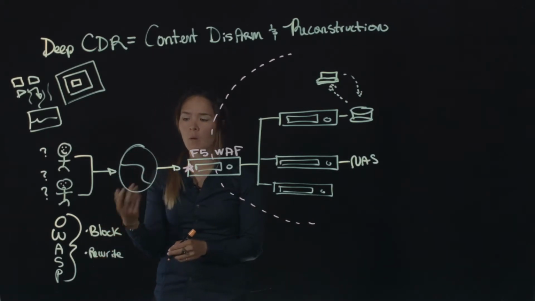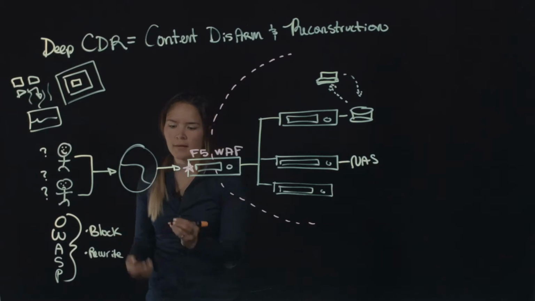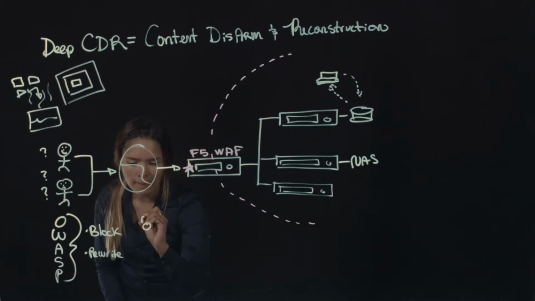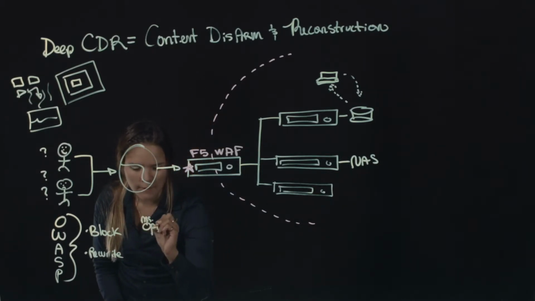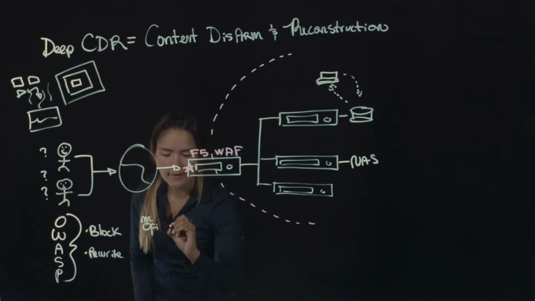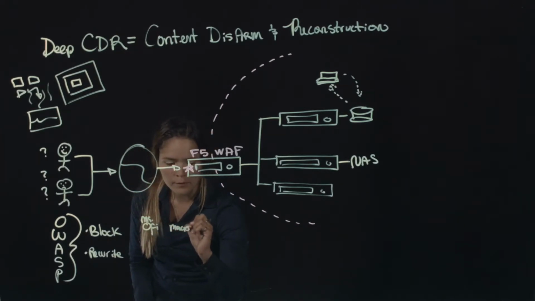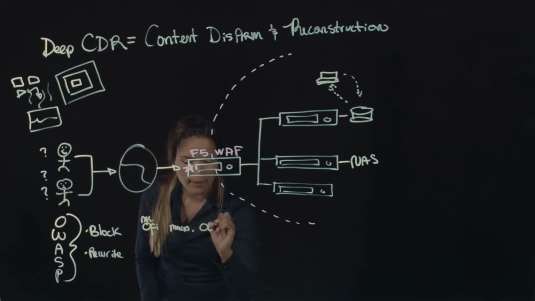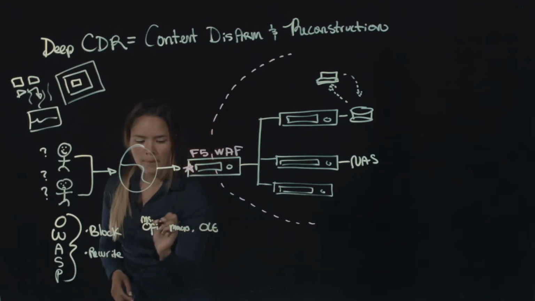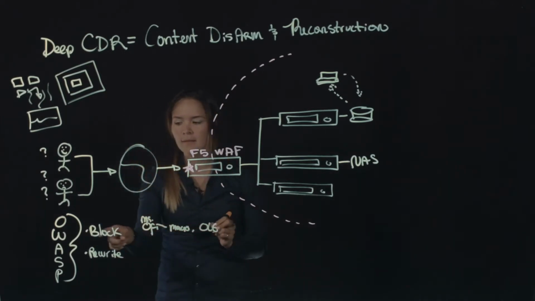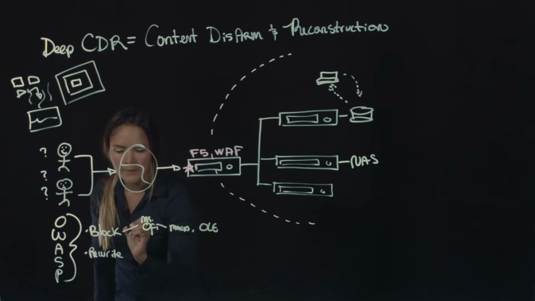And so what OWASP suggests is that, let's say you have MS Office files which contain macros or OLE objects. Well, if that's the case, then OWASP recommends that you block these.